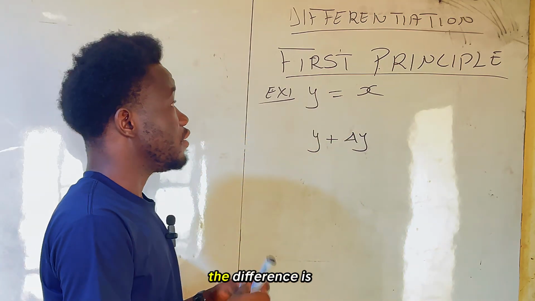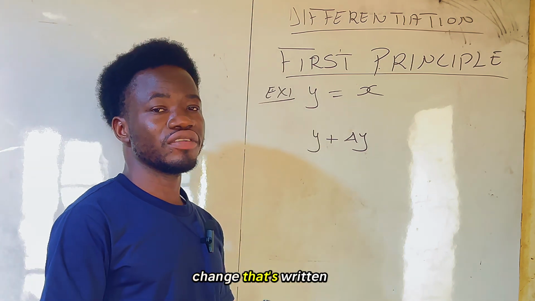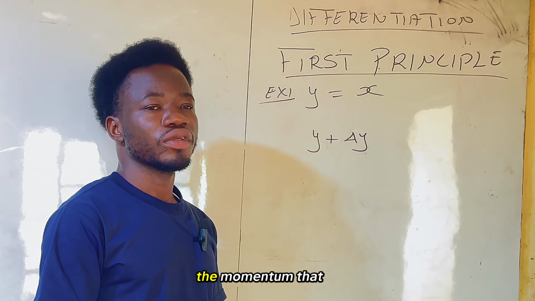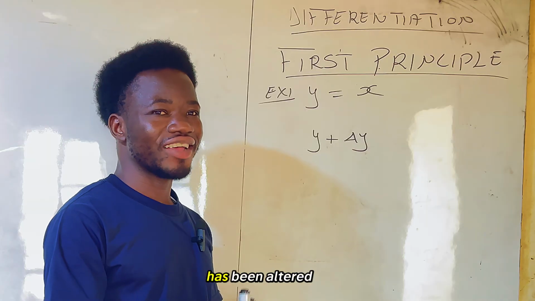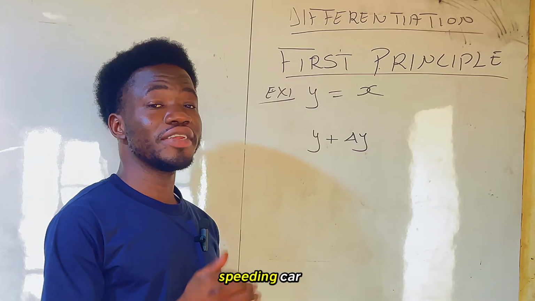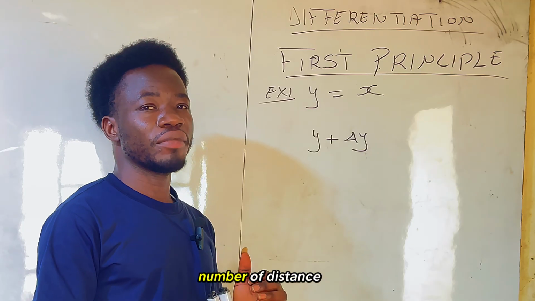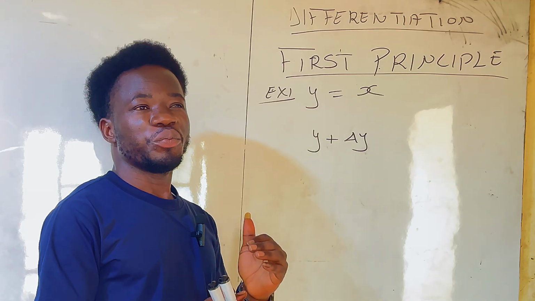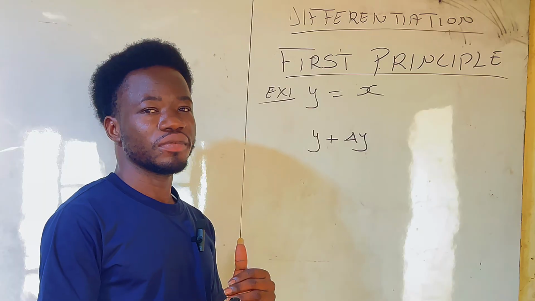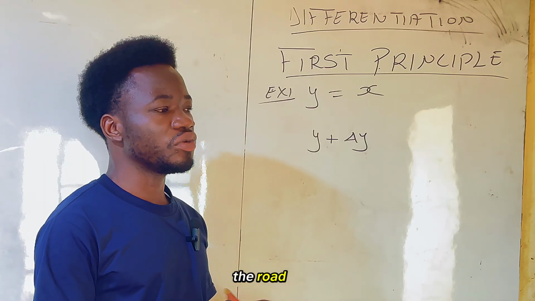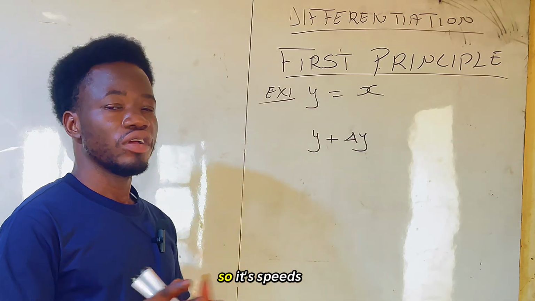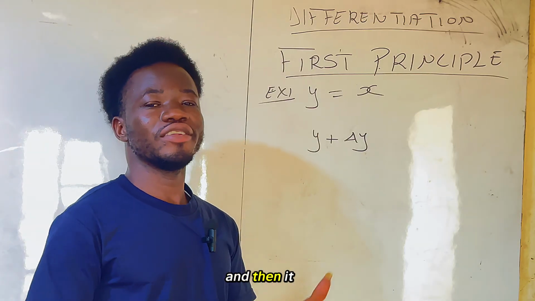Remember, differentiation is all about a change, the accelerating, the momentum that has been altered. You have a speeding car, and the car is able to cover a certain distance within a particular time frame. Then the road is not that smooth, so it speeds and then it slows down.